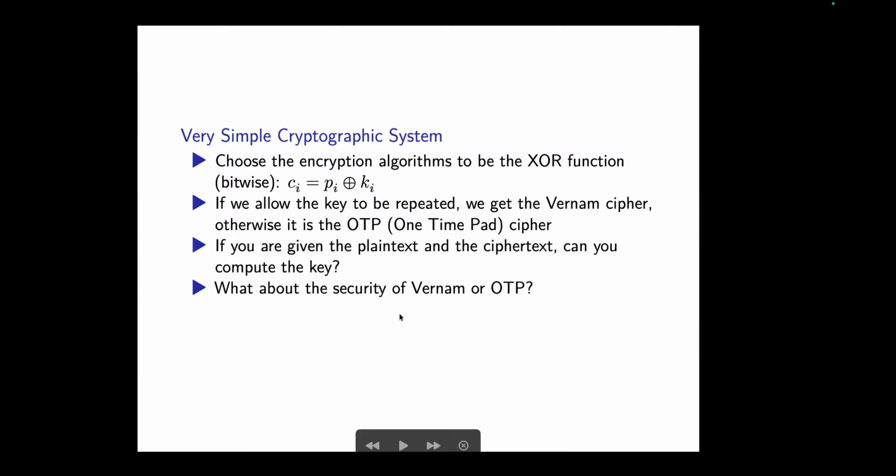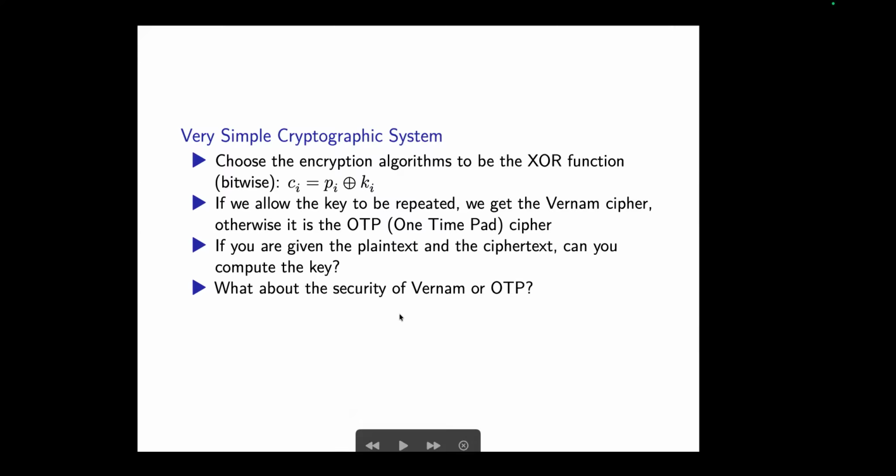X can be 0 or 1, and Y can be 0 or 1. So 0 with 0 is 0, and 1 with 1 is 0, and 0 with 1 is 1, and 1 with 0 is 1. Okay?